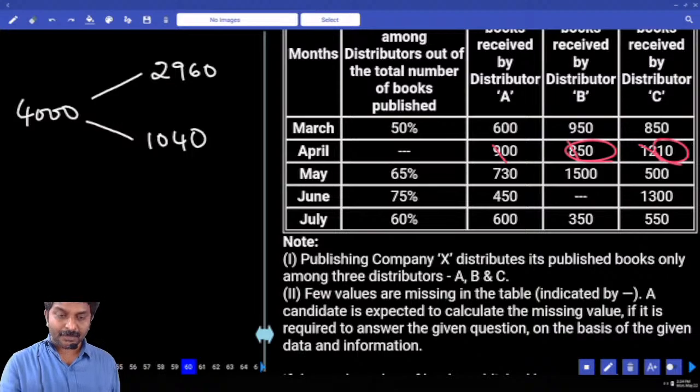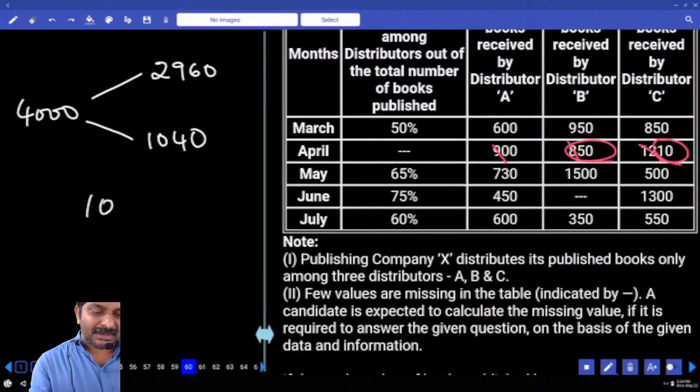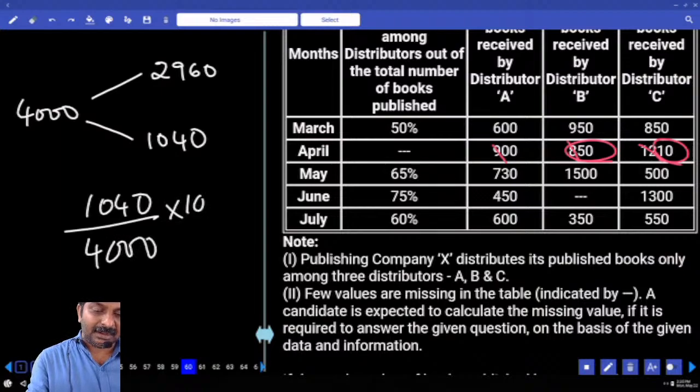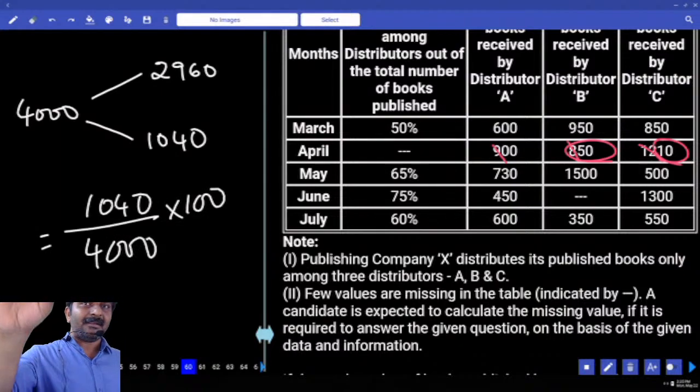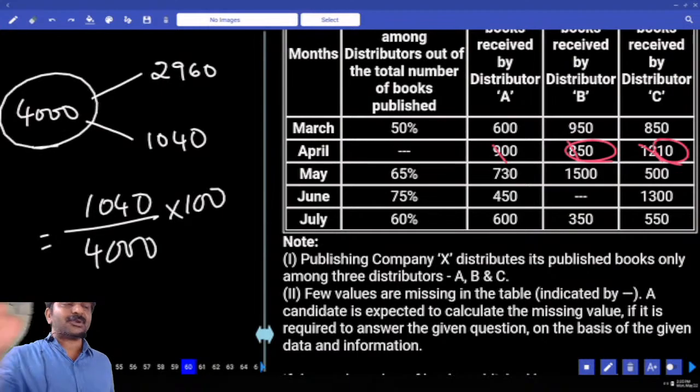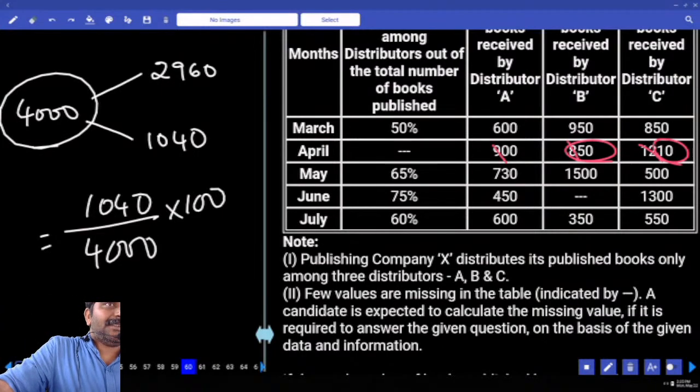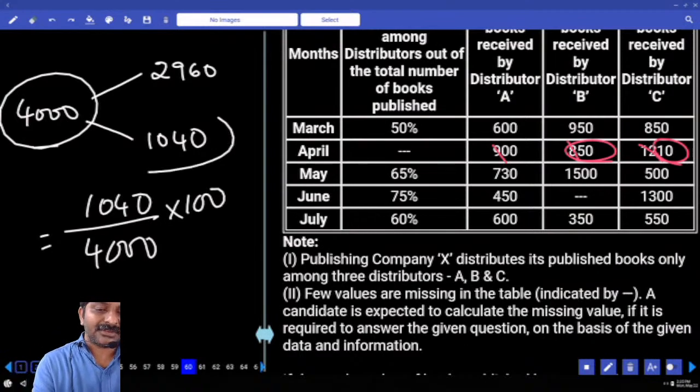Directly we can calculate 1040 by 4,000 into 100. This is what we are supposed to calculate, correct? But wait a minute. This is total. What is 50% of this? 25%. We have 1000, right?